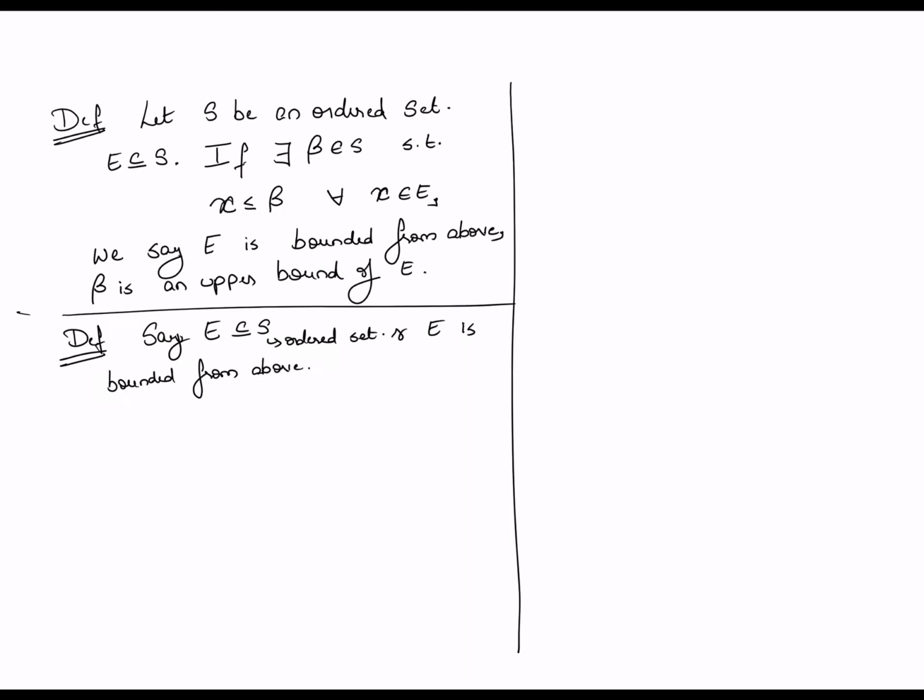Now, suppose there exists an element alpha that satisfies this property. If there exists alpha belonging to S such that two things are true. One, alpha is an upper bound on E. And if another number gamma is less than alpha, then gamma is not an upper bound.